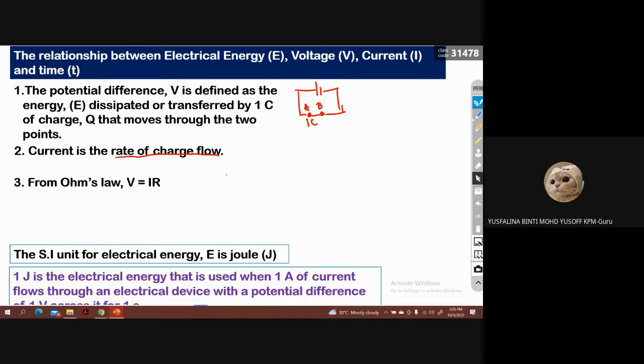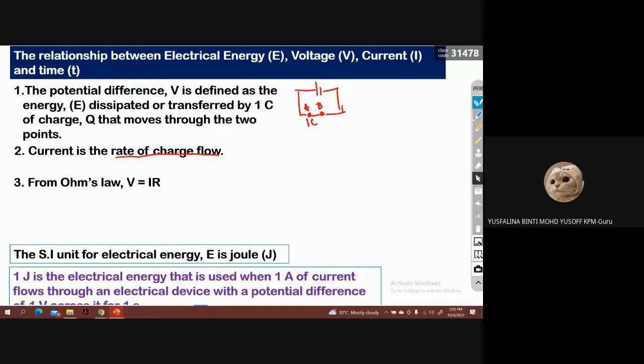Then we learned from Ohm's law, V equals IR. What is Ohm's law? It says that the potential difference is directly proportional to the current, as long as the temperature and other variables are constant.